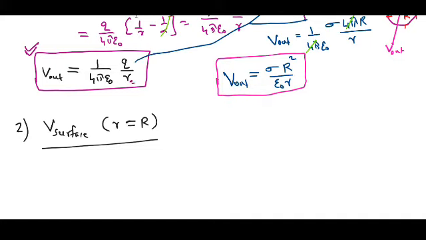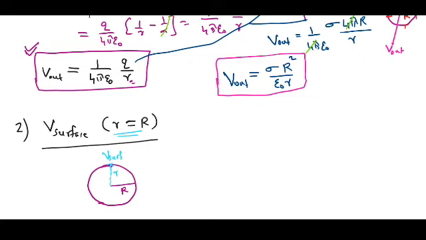Now the situation is this one: our spherical shell whose radius is R. Now the point of interest is exactly on the surface. That is r is equal to R. Then this is V surface.